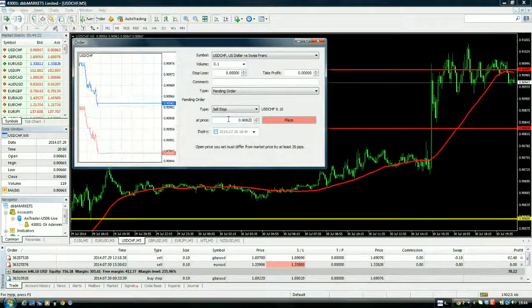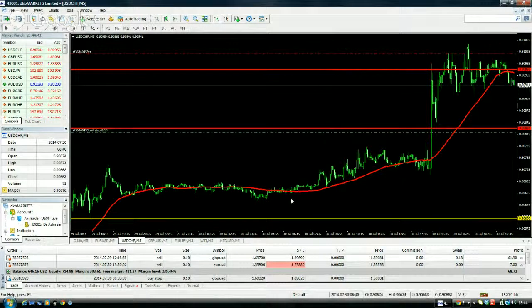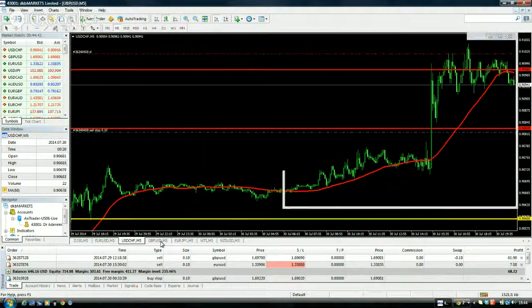And again, I use the 20 pips stop loss, so that'll be 20 pips above, which would be 0.9102. I also use a profit limit of 60 pips. I will come to that later.